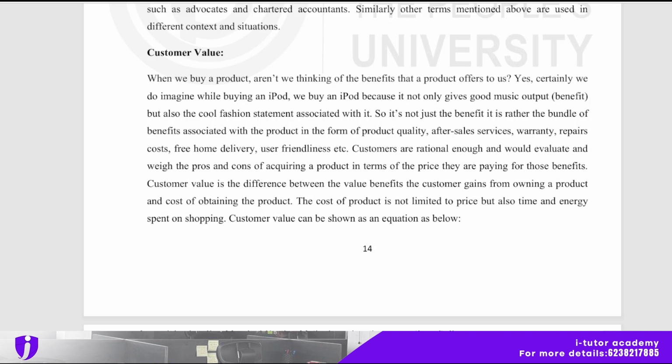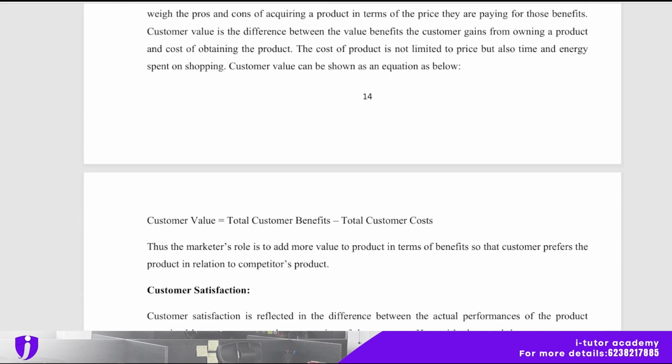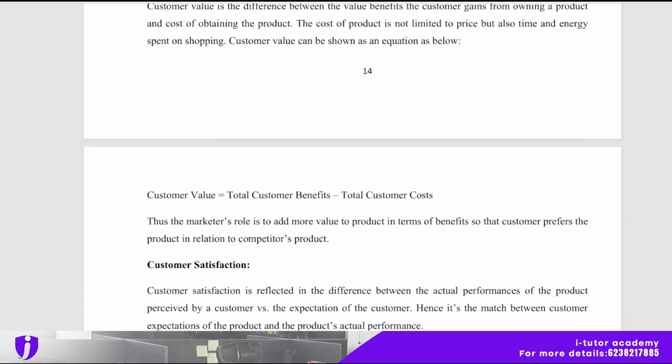So it's not just the benefit, it is rather the bundle of benefits associated with the product in the form of product quality, after-sales service, warranty, repair, cost, free home delivery, user friendliness, etc. Customers are rational enough to evaluate and weigh the pros and cons of acquiring a product in terms of the price they are paying for those benefits. And the customer value is equal to total customer benefit minus total customer cost.